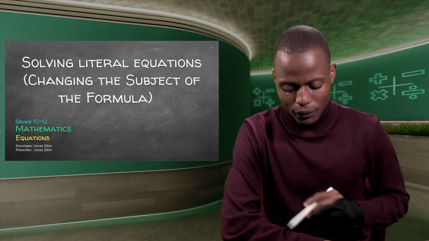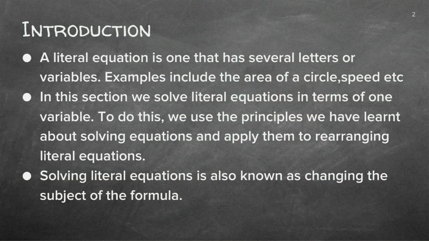The first part of our lesson today breaks down what literal equations are and how to actually work with them. A literal equation is one that has several letters, so we work with several letters or variables. Examples include the area of a circle, the speed, etc. In this section, we solve literal equations in terms of one variable.